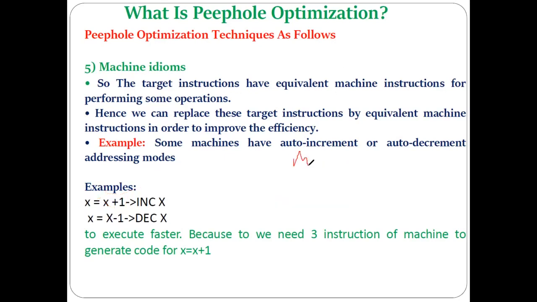So the first instruction will be move R1 comma X, then the second will be add R1 and 1.